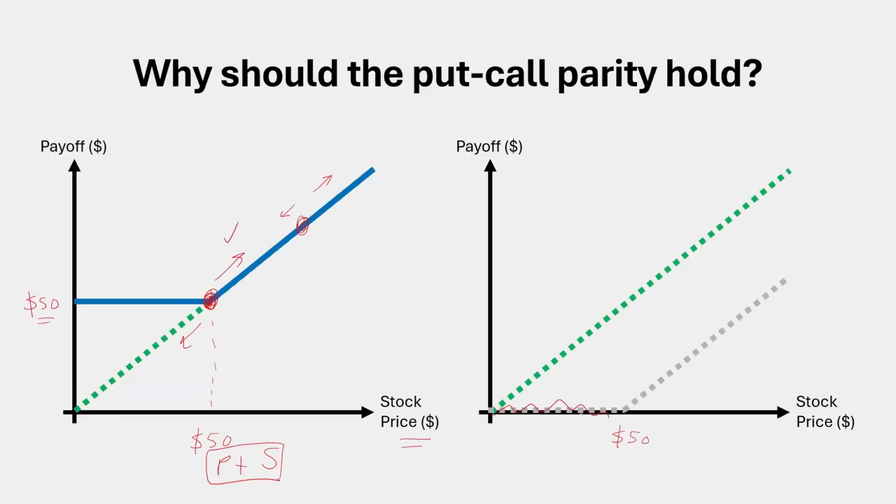So anything below 50, the call option is not valuable because why would I pay $50 for the stock if I could buy it cheaper in the market? But if the stock price goes up beyond 50, then the call option becomes in the money, right? Because now let's say the stock price is 60, so I can buy the shares for 50.